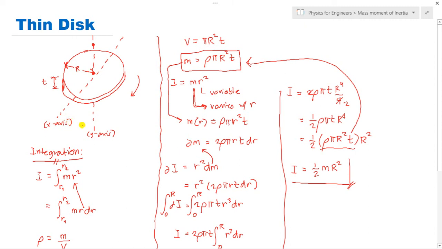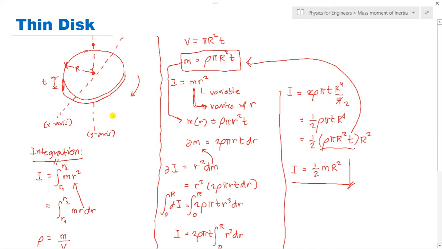So the formula for the moment of inertia with respect to the y-axis and with respect to the x-axis are both different. Okay? So, again, the value of our moment of inertia will differ if our axis of reference differs. So, take note of this one.